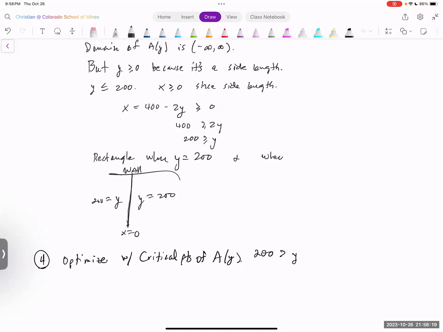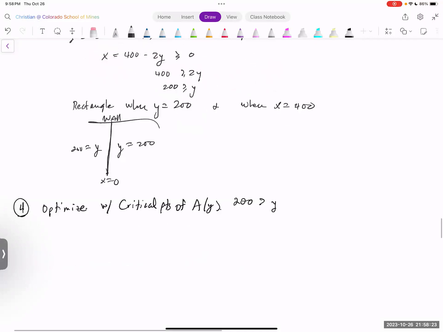When X is equal to 400, then again, here's our wall. We would have some distance here. That's 400. That's X. And then there's nothing here. Y would be 0. Again, in either case, no rectangle.